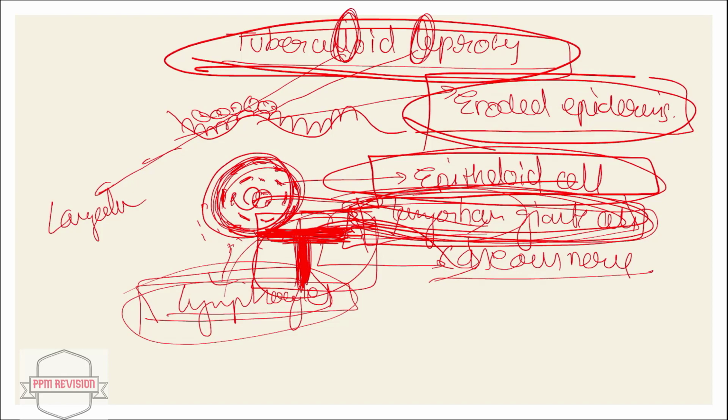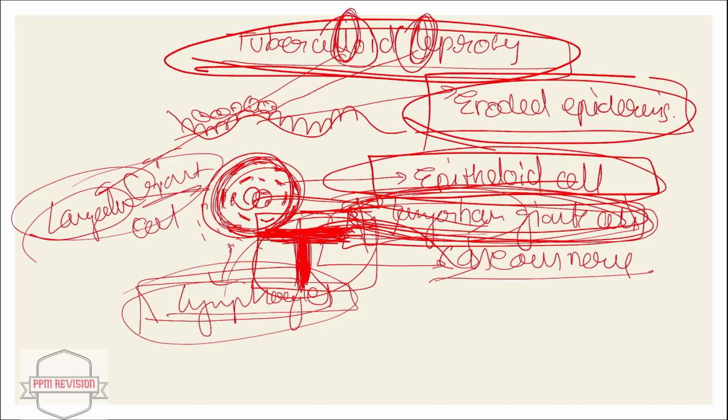Now moving ahead, we have the tuberculoid leprosy, and as told earlier, there is the presence of two L's, and these two L's indicate the presence of the Langerhans giant cells, which can also be present. So in case of what giant cell is present, it is the Langerhans giant cells. So yes, we have the Langerhans giant cells with epithelioid cells surrounding them, and also the eroded epidermis that is present.